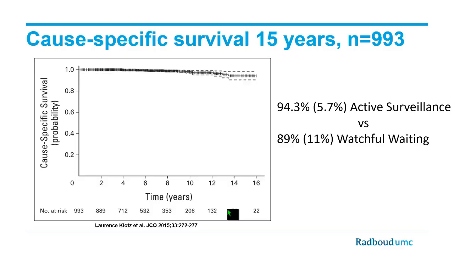If you look at the prostate cancer-related survival at 15 years in 1,000 patients, active surveillance is 94.3%. In the Toronto group, in Johns Hopkins, it is 99.5%, very high, compared to watchful waiting, which is around 89%.